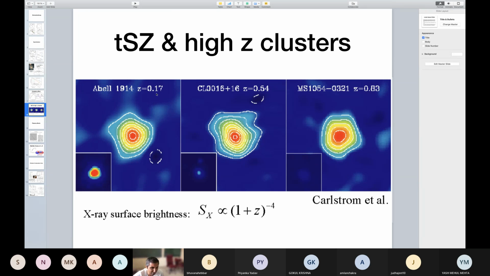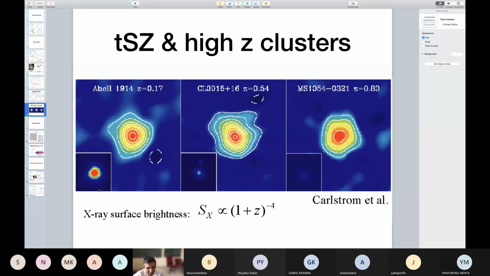Note that this is at a redshift of 0.17, which is reasonably nearby. This is at a redshift of 0.83, far away. And yet the signal is more or less the same in the thermal SZ effect. In contrast, in this inset, what you see is the X-ray emission. Here you still see a bright X-ray emission, then dimmer, then almost nothing.